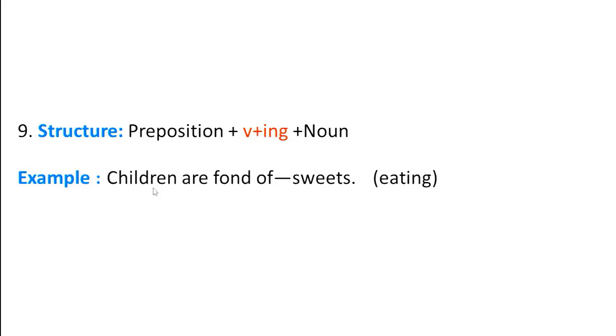Look at an example. Children are fond of dash sweets. You can use here fond of eating sweets. You see here after preposition we use verb plus ing, eating.